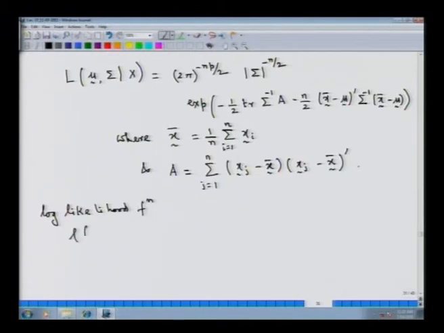Now, if this is the likelihood function, we can also write the log likelihood function. Let us denote that by small l. This is l of mu, sigma given this x1, x2, xn, or in short just x here.